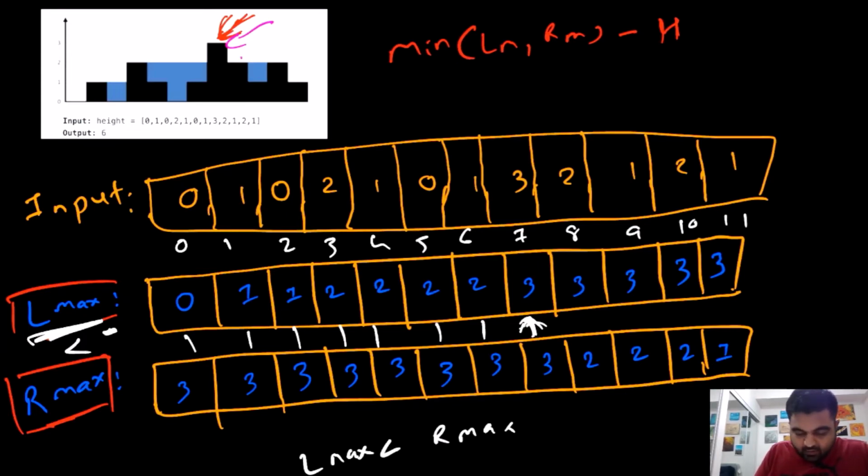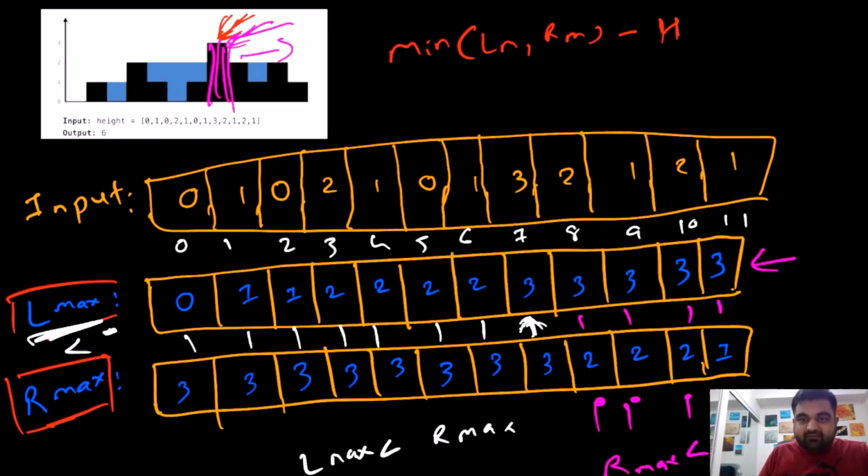And on the right side, the right max is less than the left max, and we can see those values over here. These are all the values that are smaller than whatever the left max is, because for these four values, the tallest bar actually becomes the left max element.